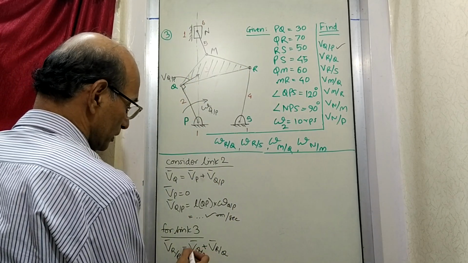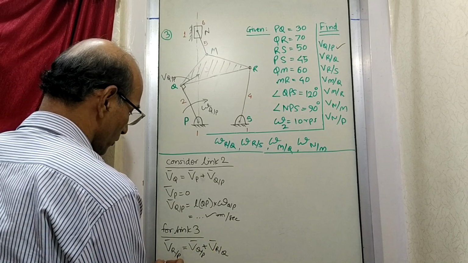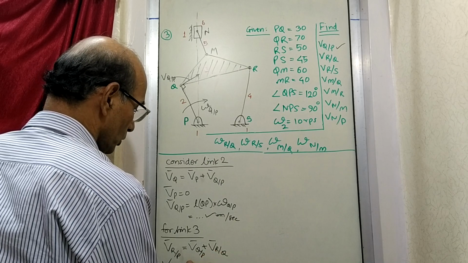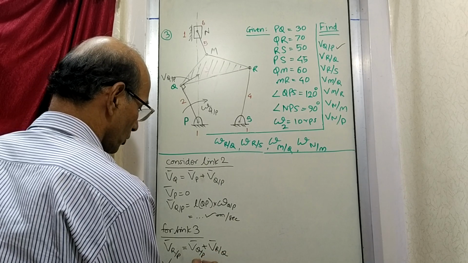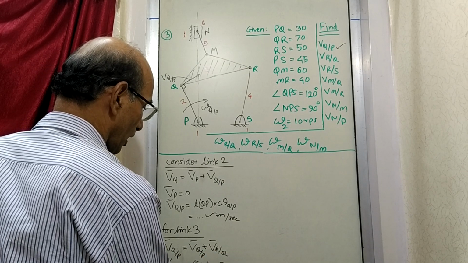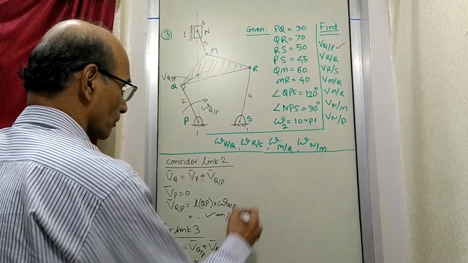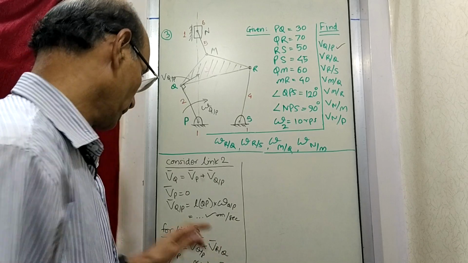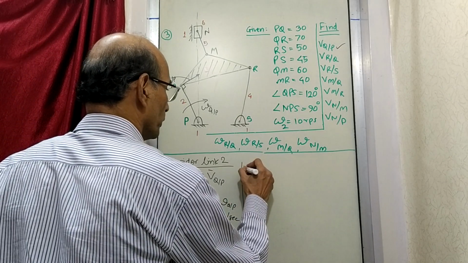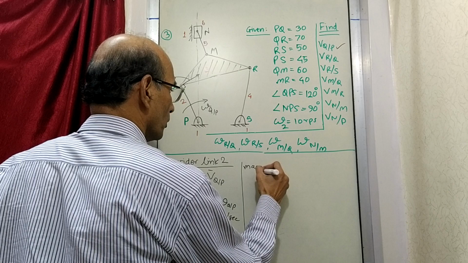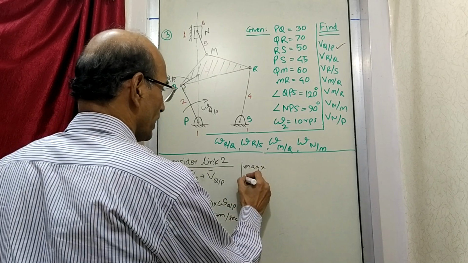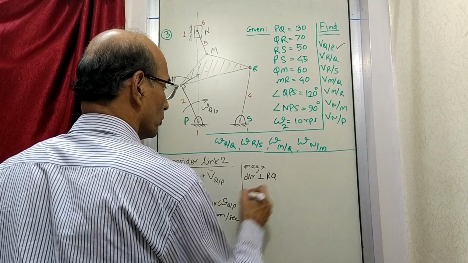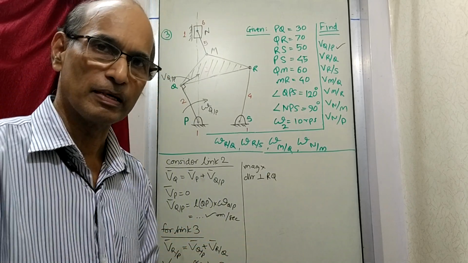Here this is already known, and this is given by length RQ into omega of R with respect to Q. Now you will know that magnitude we don't know. Direction is perpendicular to the link RQ. You will find we are doing everything same as last time.